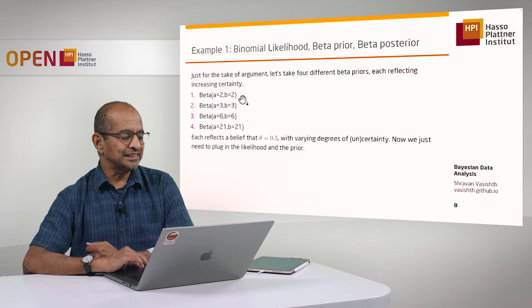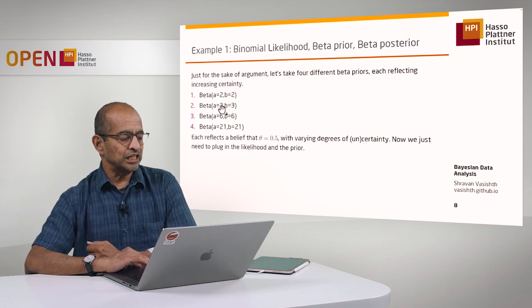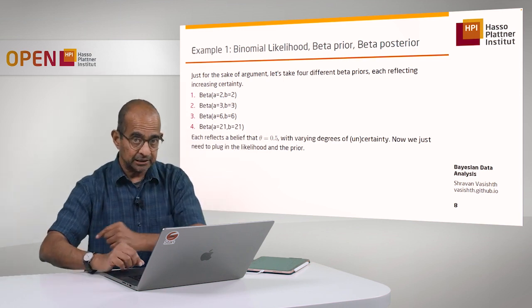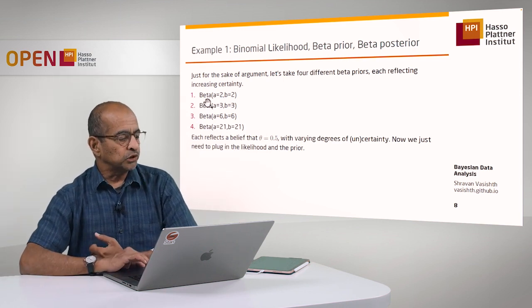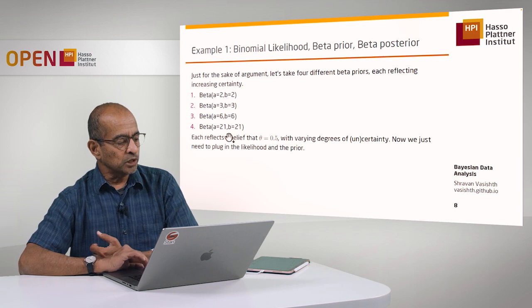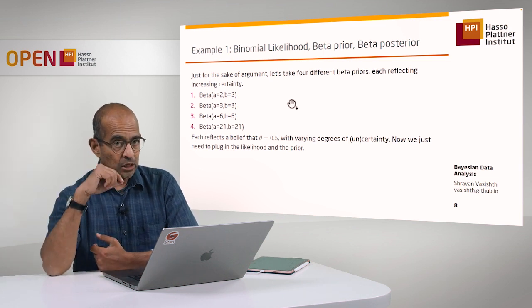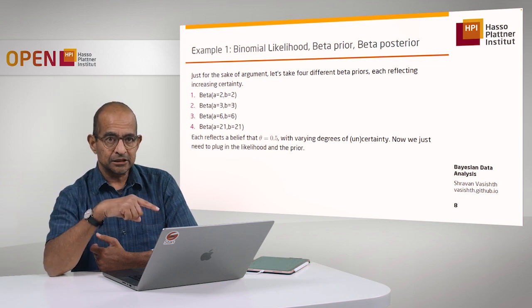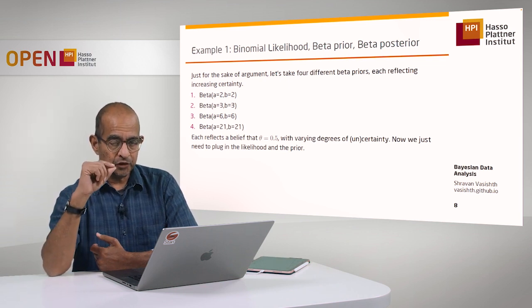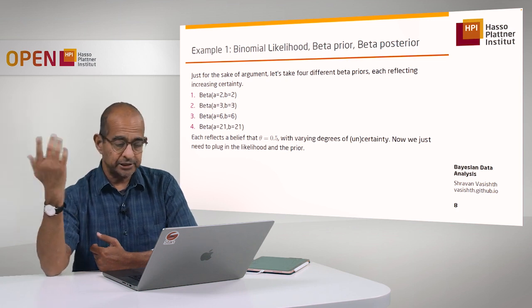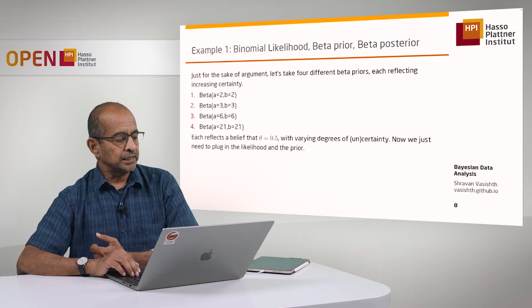So I'm taking increasingly tight priors. Notice that as a and b increase, the distribution will get tighter and tighter. You should play with this and check that this is true, okay? So what you will notice is that we are getting more and more informative priors as we go down this list, okay? So I'm going to multiply the binomial likelihood up to proportionality with the prior distribution for the theta parameter, and I'm going to use 4 different priors, and I'll show you the 4 different posteriors that I get. Okay? So let's just plug it in.